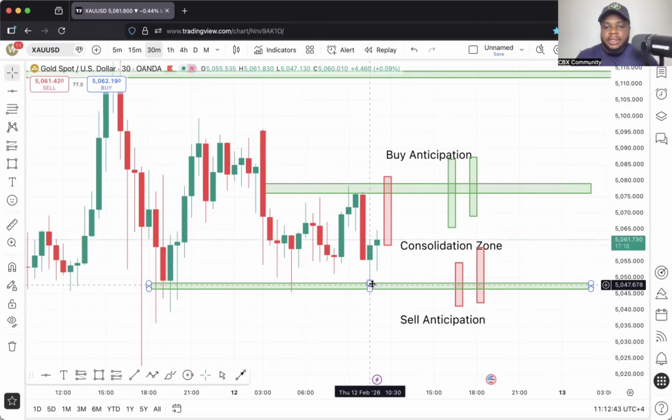So this 30 minutes candle is left with 17 minutes before it will close. Let's see how this candle will close.